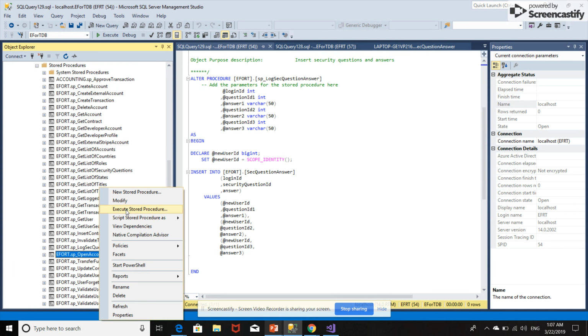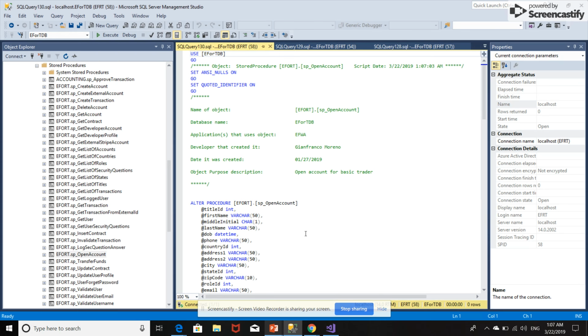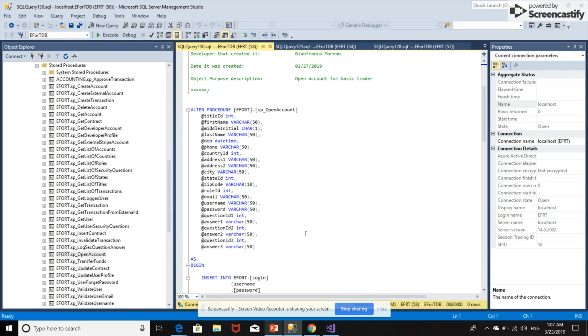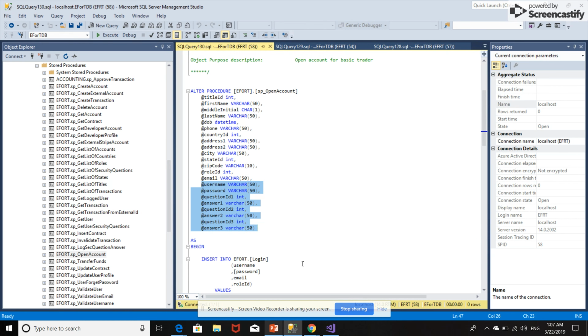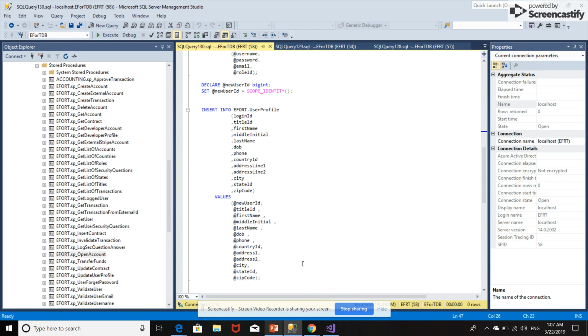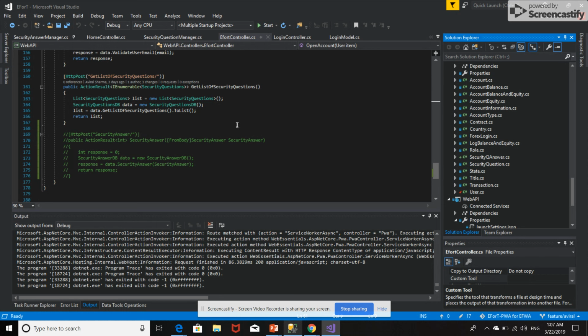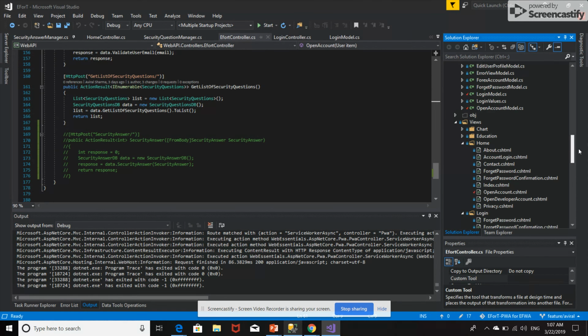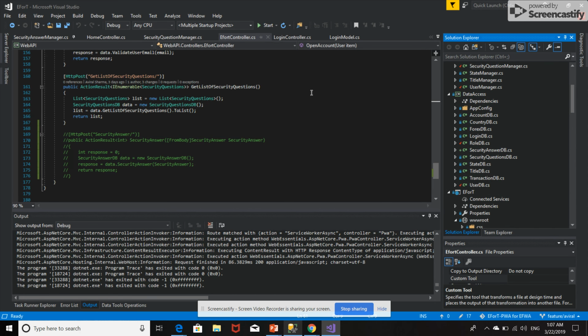So what I did was I included that stored procedure within this stored procedure. You can see these parameters. These are the new parameters for the security questions and answers, so that I could complete the motive which I had to do. When I coded with this approach, that got me a success.